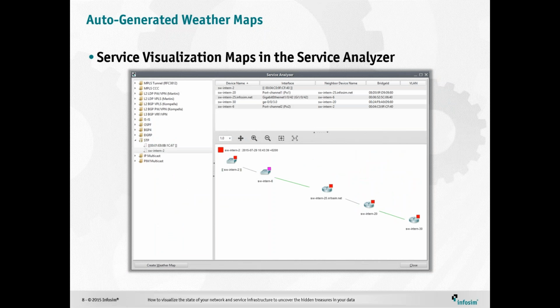If you select some default properties in the system to read, maybe OSPF or MPLS information, then we discover the information about what you have selected during the discovery, and then we have the service analyzer which displays each piece of information about these connections between devices.